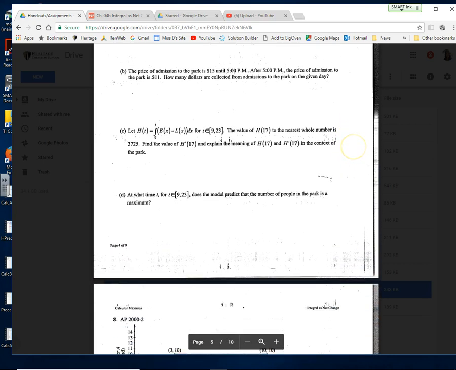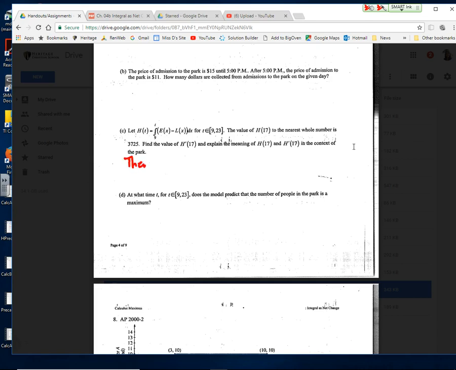They say H of 17, to the nearest whole number, is 3725. 17, that's a time, right? What time would that be? 17 o'clock, which would be 12 plus 5, so it would be 5 p.m. So how could you explain the value of H of 17?